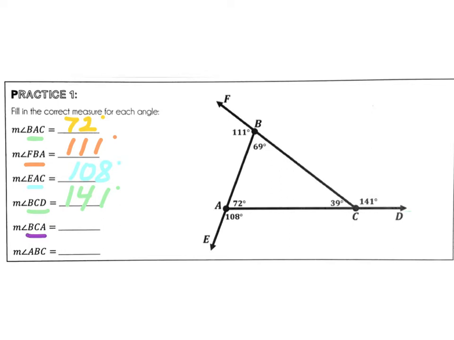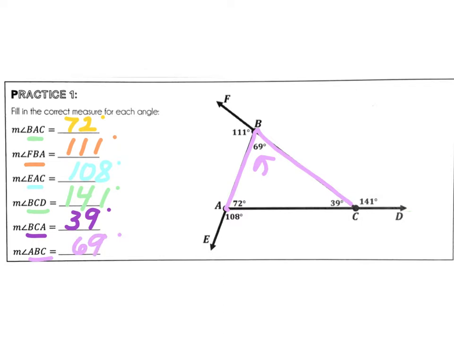Next we have BCA. So I connect B to C to A. So the angle measure is right there in the middle, 39 degrees. And we finish up with ABC. Connect A to B to C. So that's referring to 69 degrees.